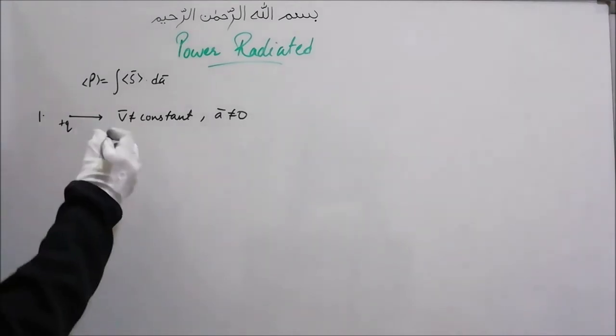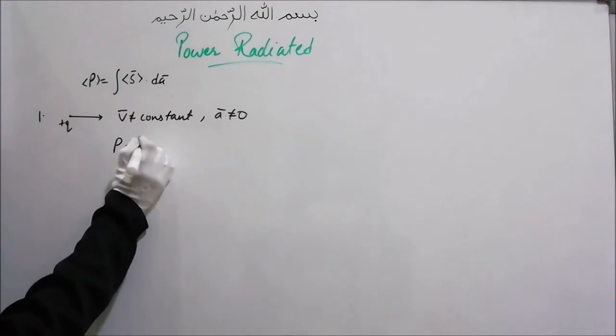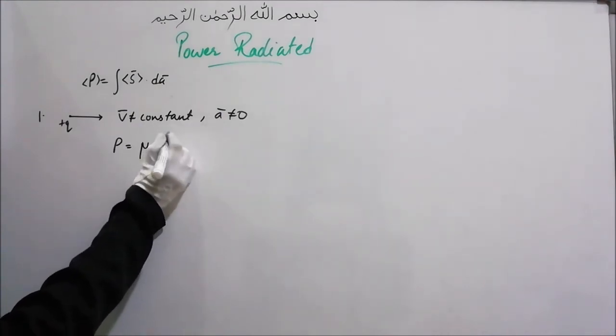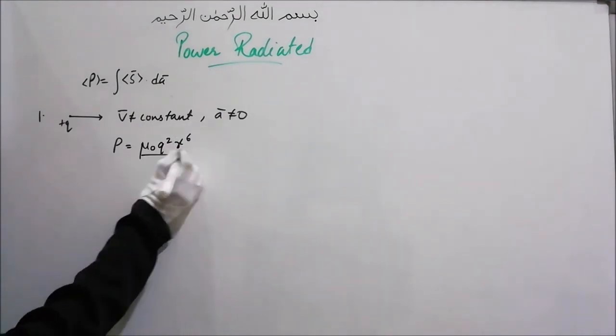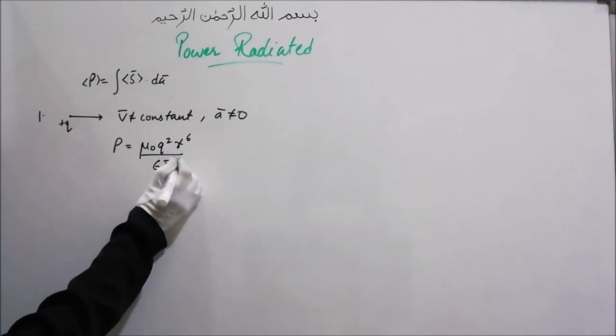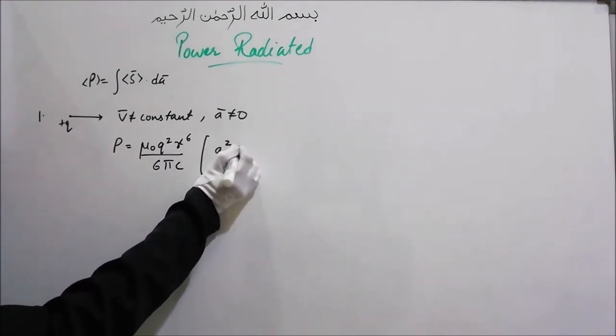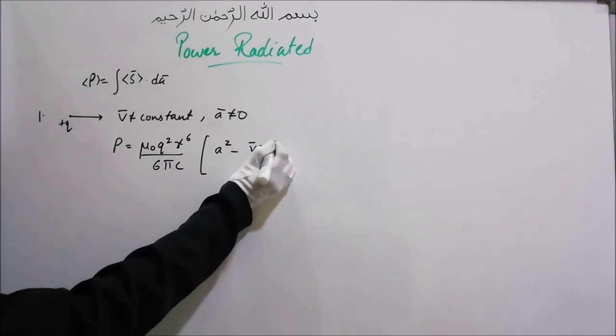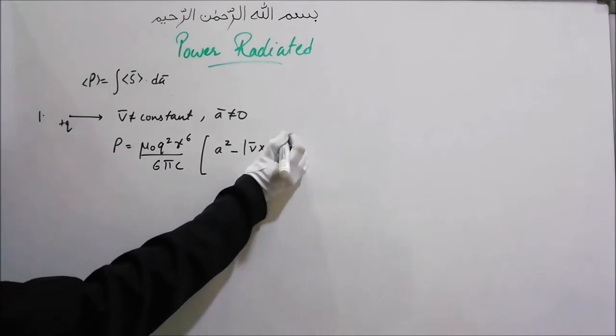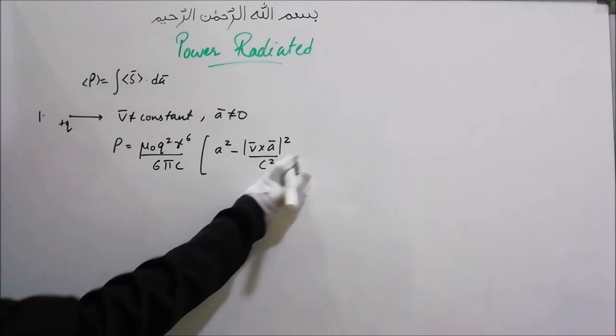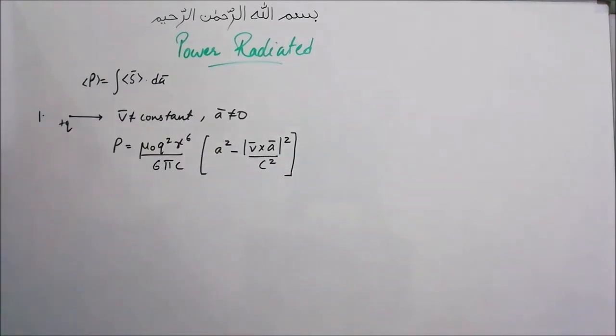Then the power radiated is P equal to mu naught q squared gamma raised to 6 upon 6 pi c, times a squared minus (v bar cross a bar) squared divided by c squared.